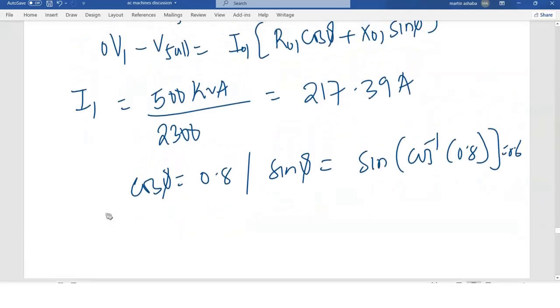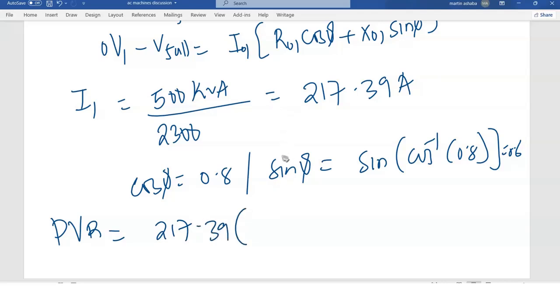That means that the percentage voltage regulation is going to be 217.39 times the resistance, which is known as 0.2, multiplied by 0.8, then plus 0.6, which is the inductive reactance referred to the primary side, multiplied by sin phi, which is 0.6 also.